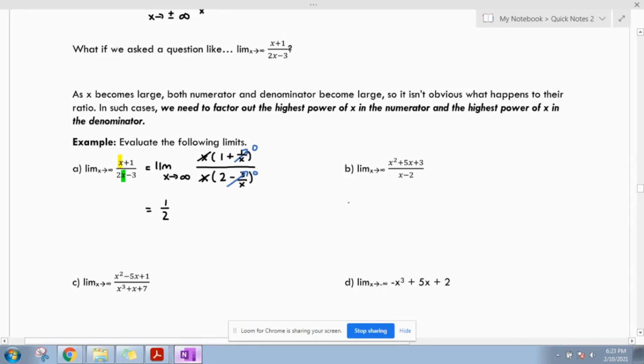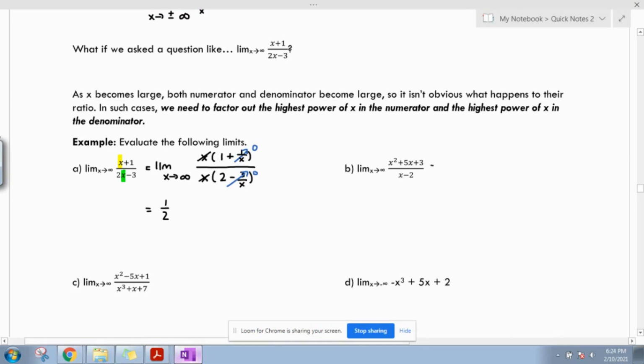Let's take a look at example B. So in example B, I've got the limit as x approaches infinity for (x squared plus 5x plus 3) divided by (x minus 2). Again, we're dealing with a limit where x is approaching infinity. So what we're going to do is factor out the highest power of x from my numerator and from my denominator.